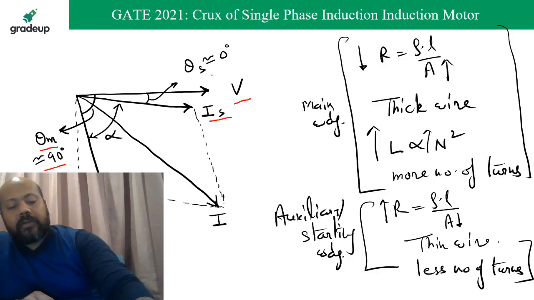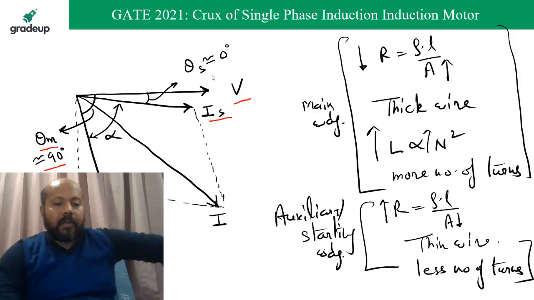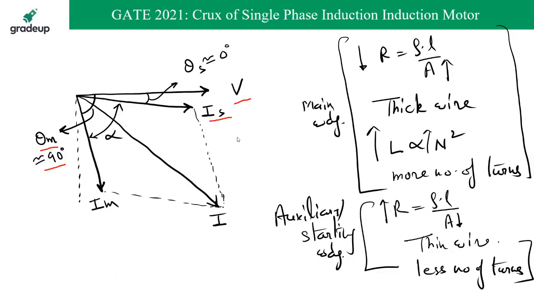Let me just hide my image so that you can see the diagram on the screen. The number of turns of the winding defines the length of the wire.